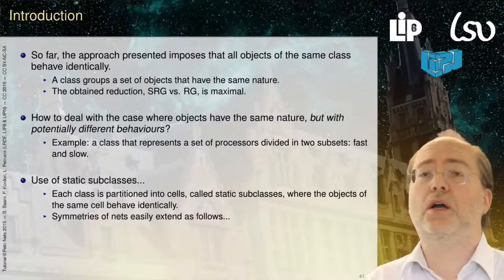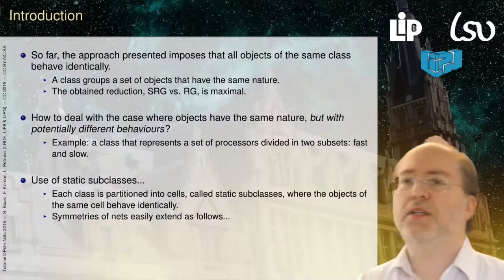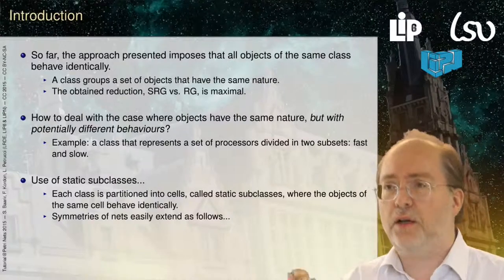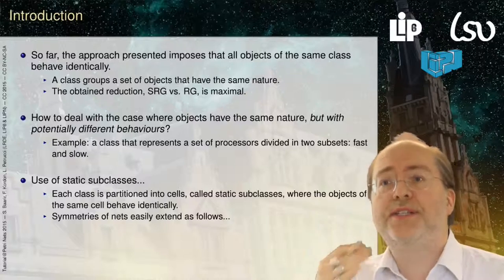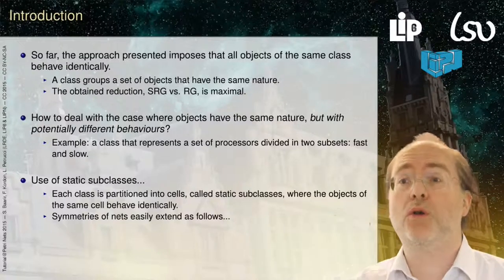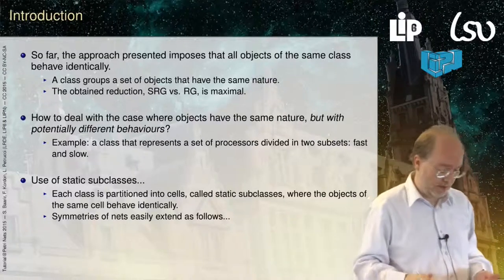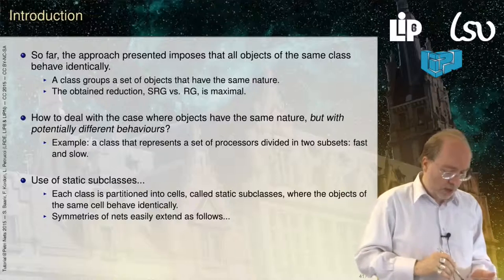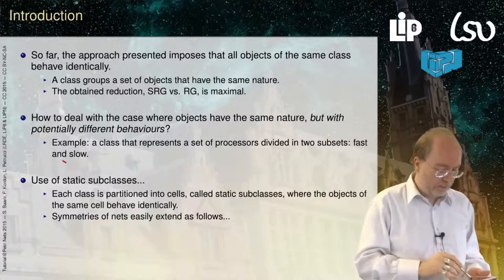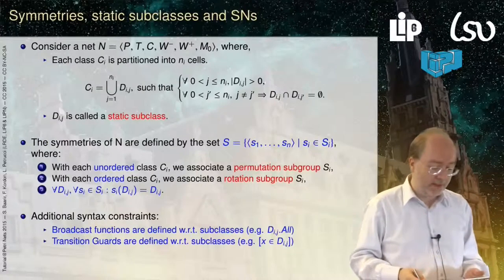With these different behaviors, the idea is that you would like to preserve this reachability graph, but not for the whole class, just for some subclass. So this is mainly the interest of these static subclasses.